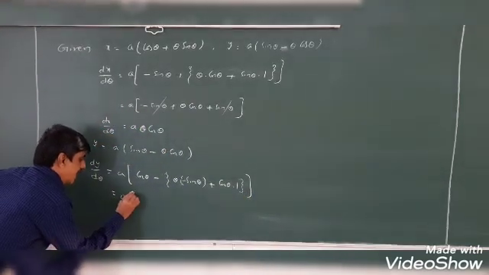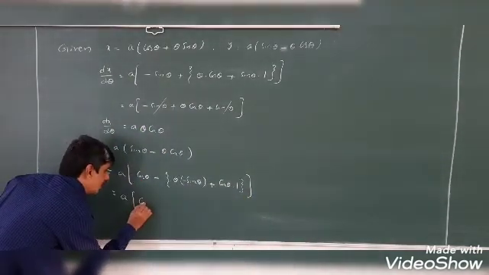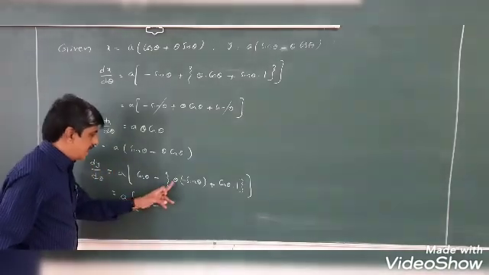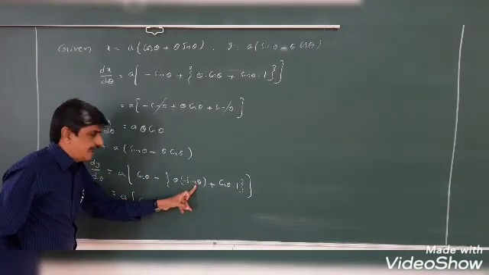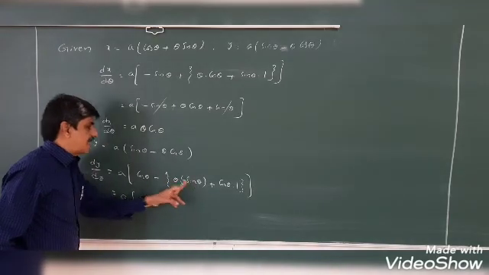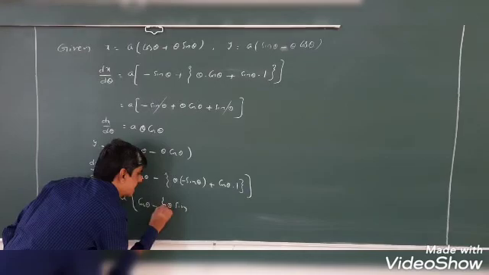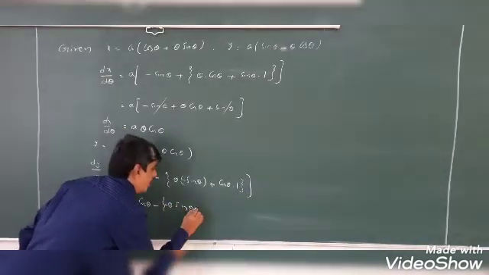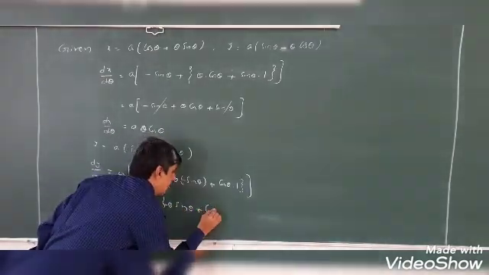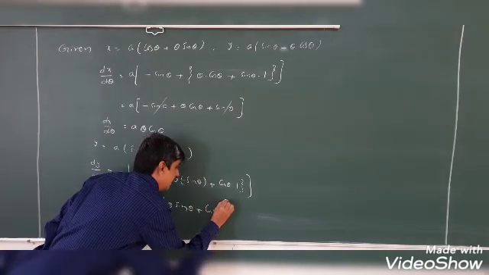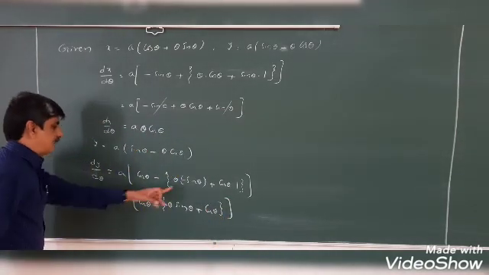Simplify this, a into, so this is cos theta minus, this is theta into minus sin theta is minus theta sin theta, plus cos theta into 1 is cos theta. Then expand this bracket.